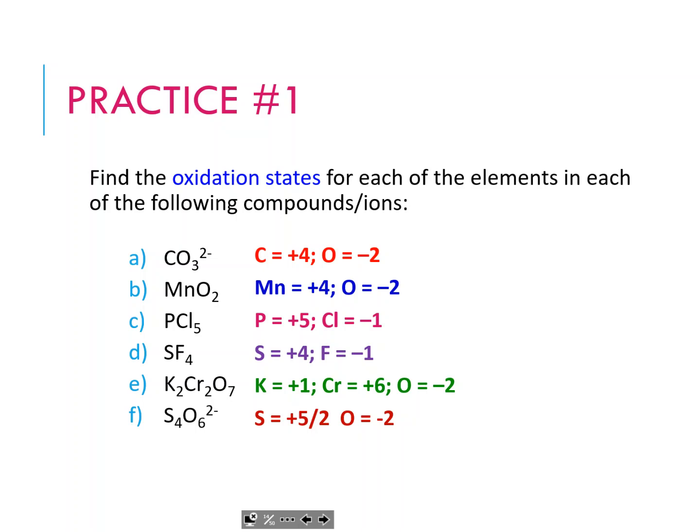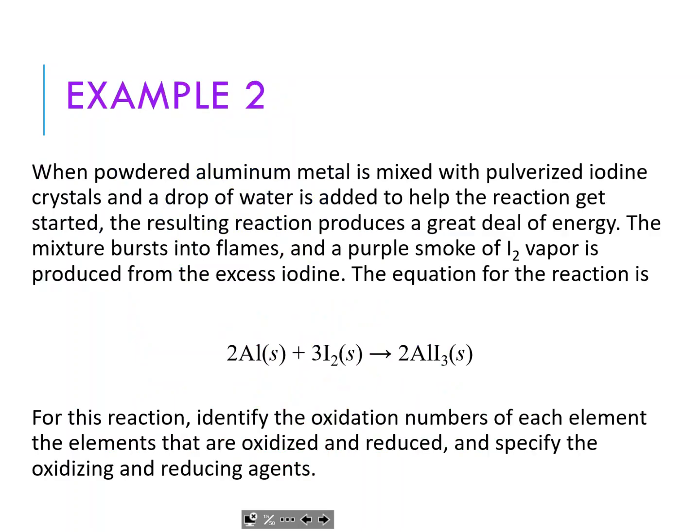What do you mean set them to 0? We're transferring electrons. So you have to keep record of what it's starting with and what it's ending with so you know which way it transfers. That's what I mean by the record keeping system. Does that make sense? Okay. Because if you can't do assigning oxidation states, the rest of this is going to be a little challenging. Hopefully we're good with this.